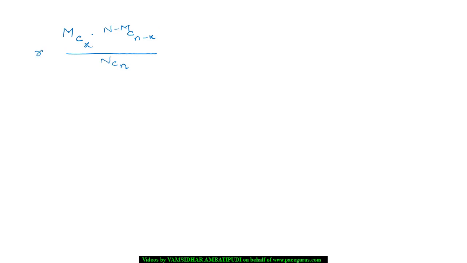This I am multiplying with x, and if I want to find out the mean, I am summing it from 0 to n for the values of x.